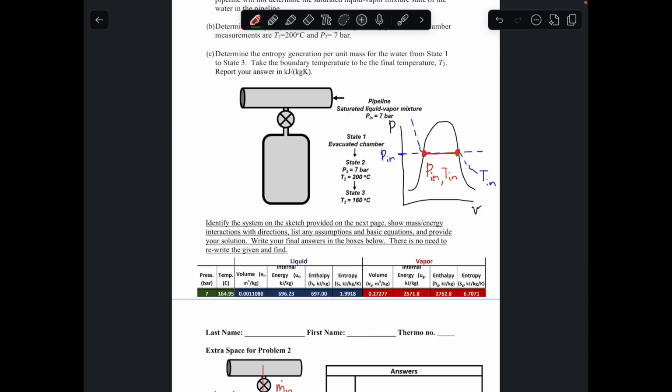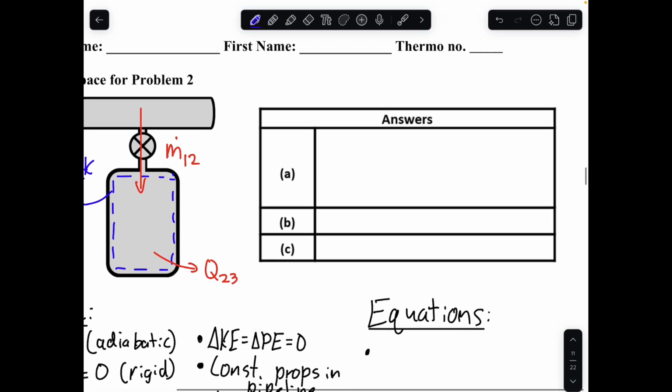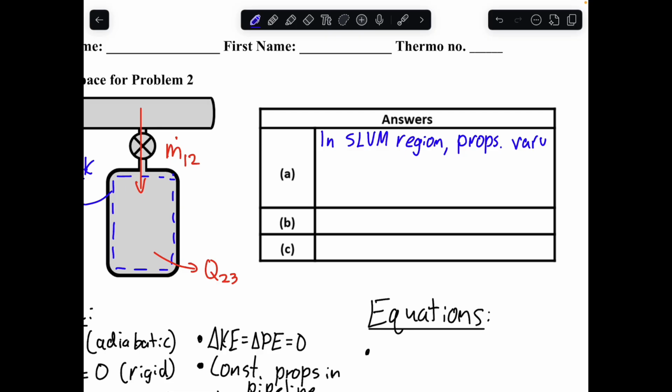So that's the answer. I'm just going to write it out like this, but you can write it out any way that you want in order to communicate that point. I'll just say in the SLVM region, properties can vary with quality.